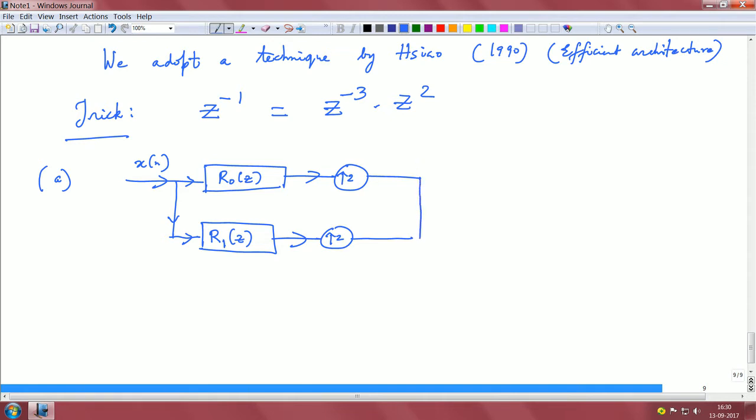This delay element we will write as z power minus 3 here. At this branch we will say z square, and this is this unit delay z power minus 1 followed by downsampling by 3. Right?